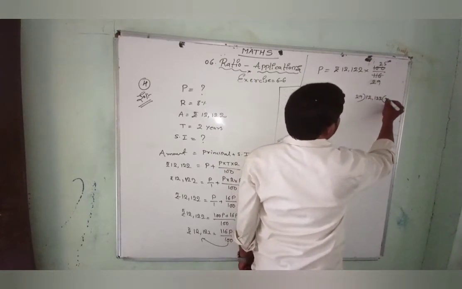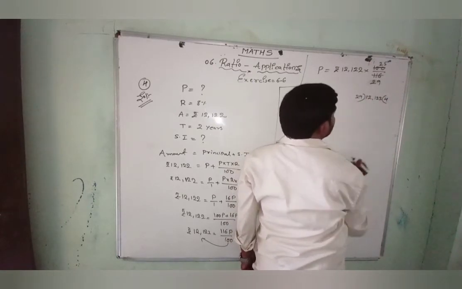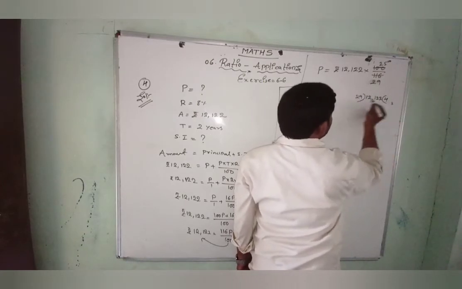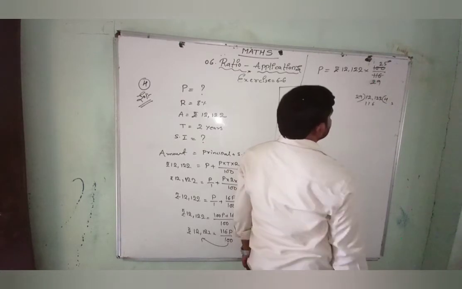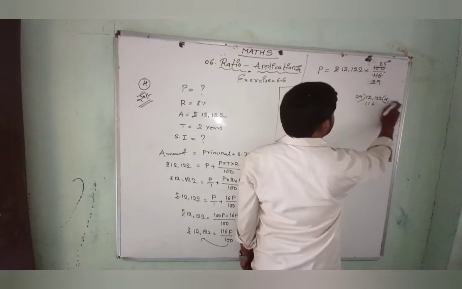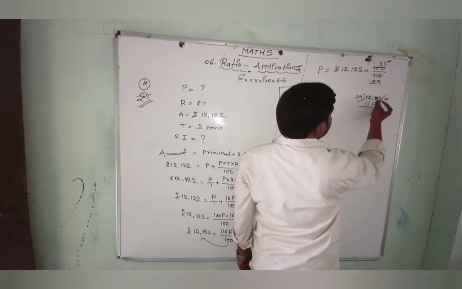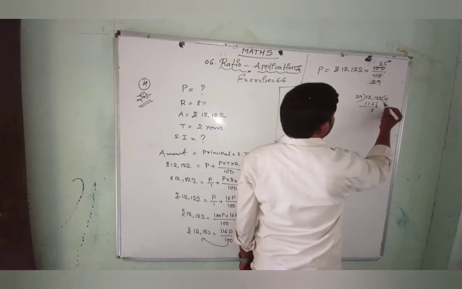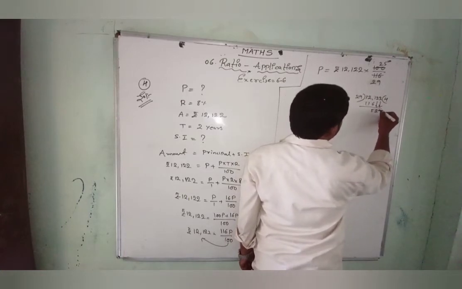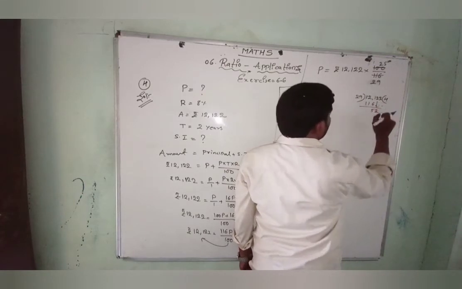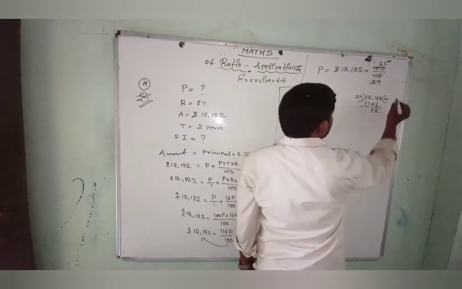29. 4s are 4, 9s are 36. 3 carry 4 to the 8 plus 3, that is 116. Yes. Now here 11, 5. Yes, 5 only. Oh, sorry, 52. Only one digit we have to take, that is 52.